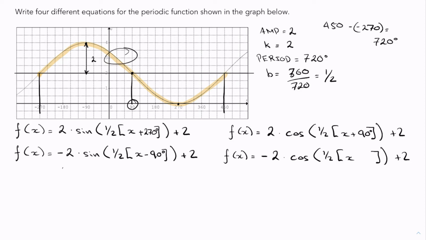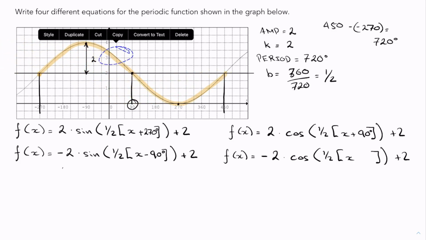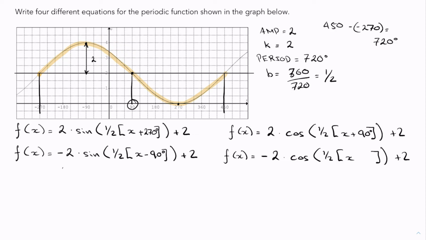So it's like taking the graph over here and shifting it over 270 degrees. So I'll have a minus 270 degrees.